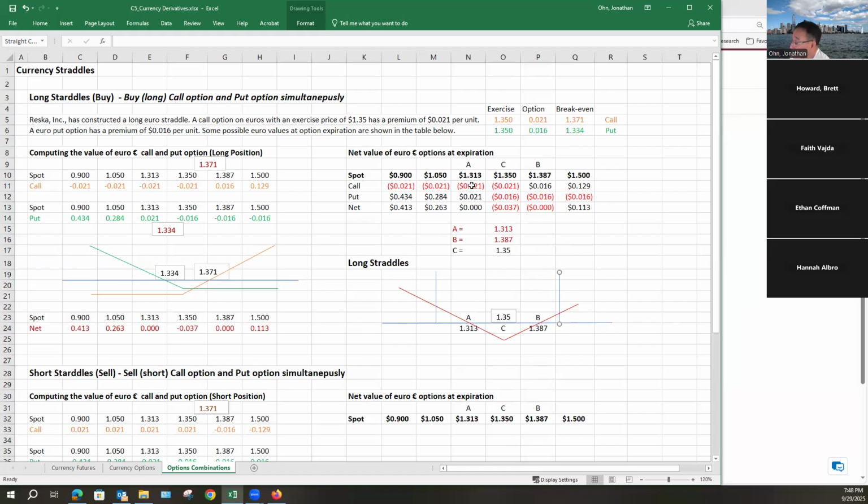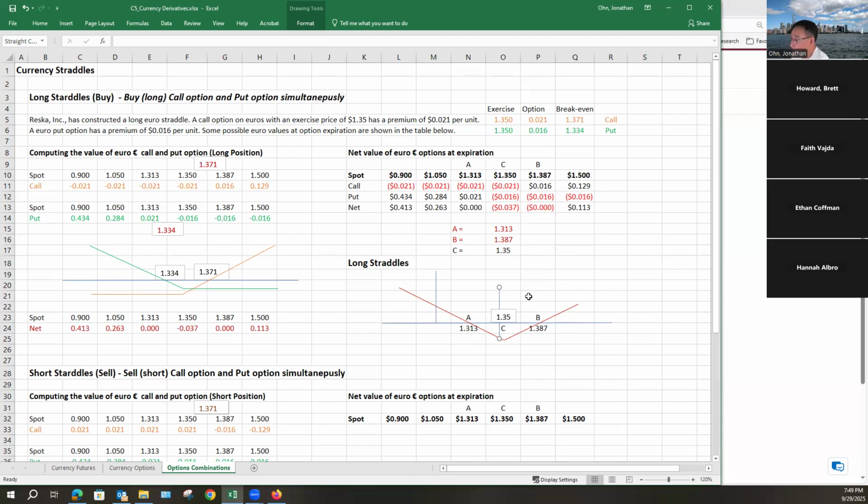But if the euro value turns out to have very low volatility, that means it should be around here. If you go this way, it is not volatile. What do you see there? You get losses. And if you are around here, you get losses. So if your projection is a highly volatile euro, around here or around here, then this strategy will give you pretty delicious profit.